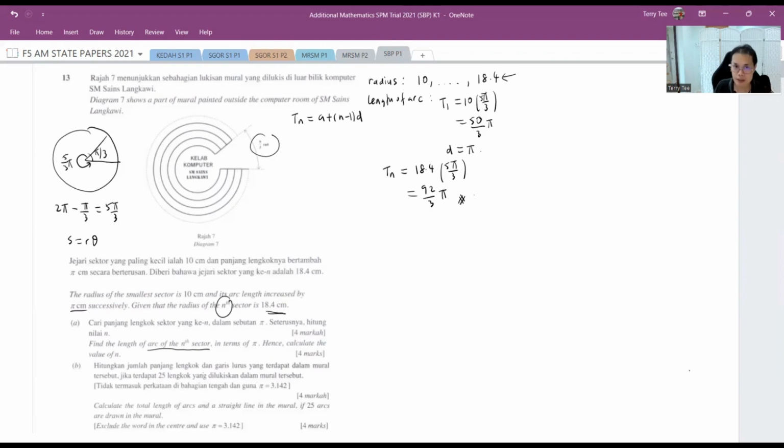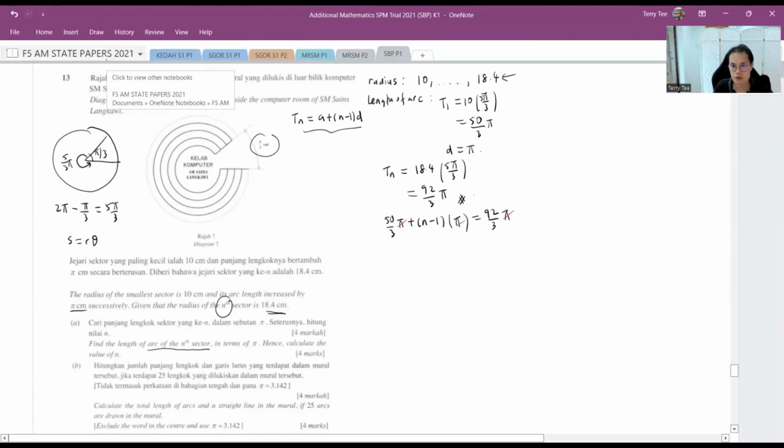To find the value of n, I'm going to use this formula here. A, which is 50 over 3 π, plus n minus 1, my d is π, the result 92 over 3 π. Now I know the π is a bit annoying, so what you can do is just divide everybody by π. Cancel the π, cancel the π, cancel the π. Then just use your calculator to find n.